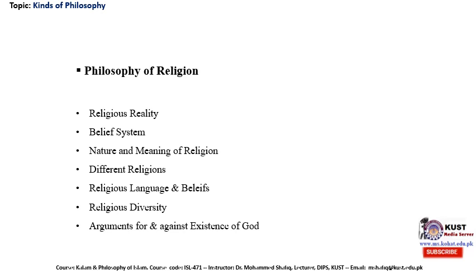For some people, there is no God at all. There are different arguments which claim that God does exist. On the other hand, there are so many arguments which try to prove that there is no God. So these are the questions dealt with in philosophy of religion.